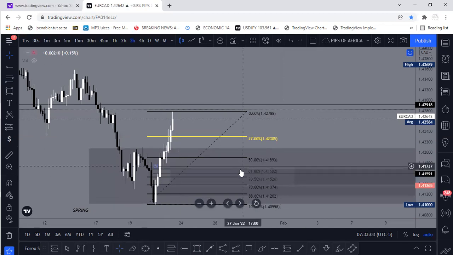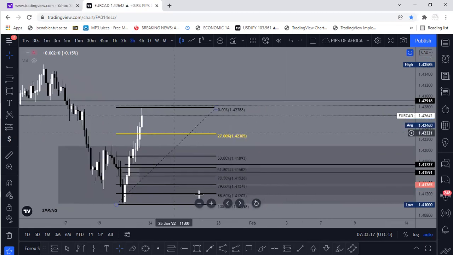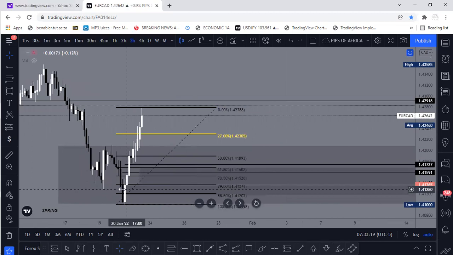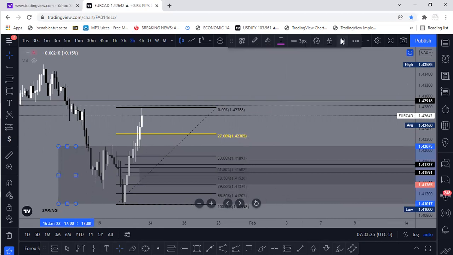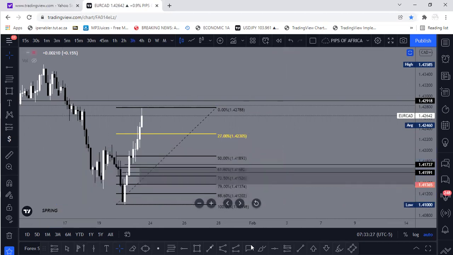So 61.8 is aligning with the imbalance, so I trust the 61.8. And then your stop loss must be below your 88%. So your stop loss will look like this. The 88% is this one. Let me get rid of the bigger highlighted area. And then your entry will look like this.